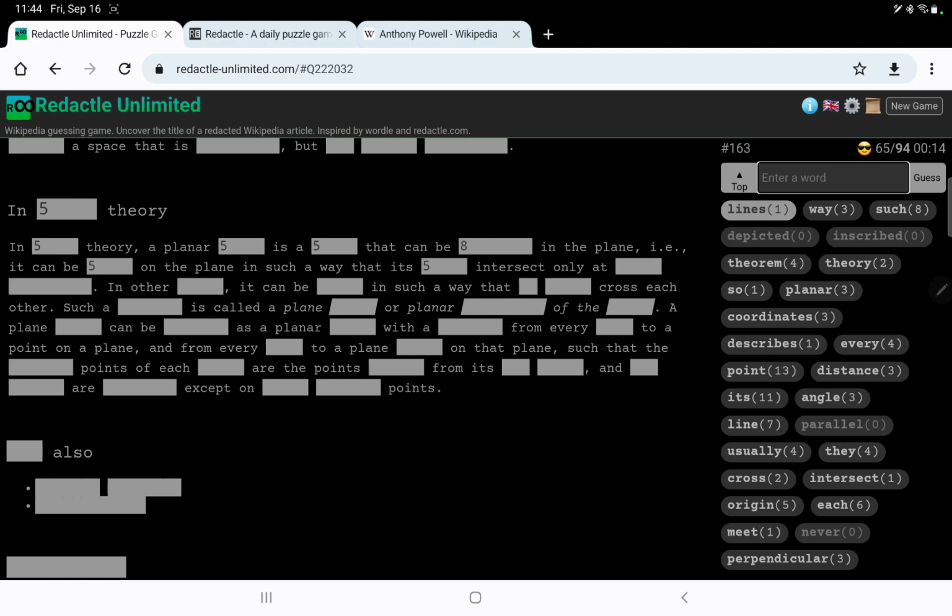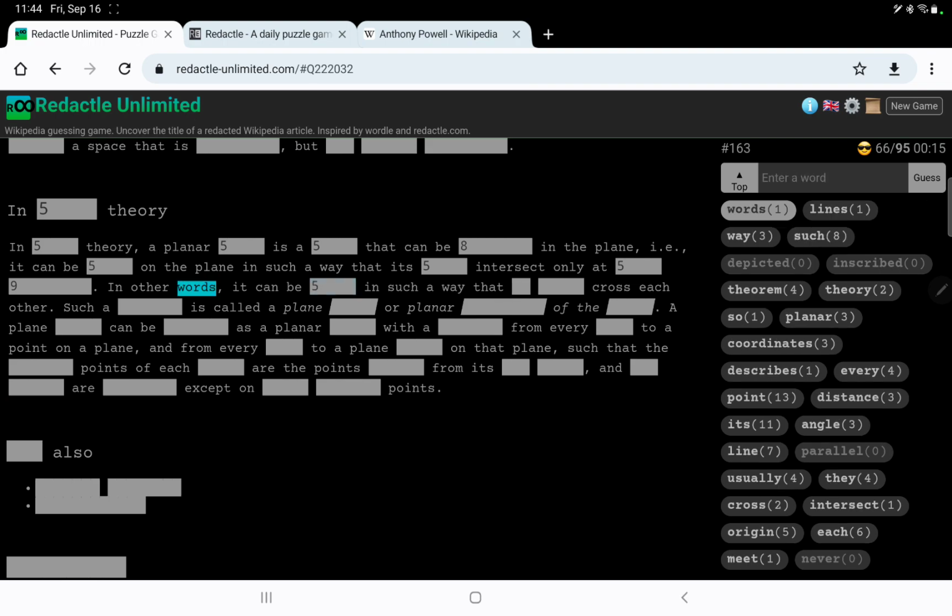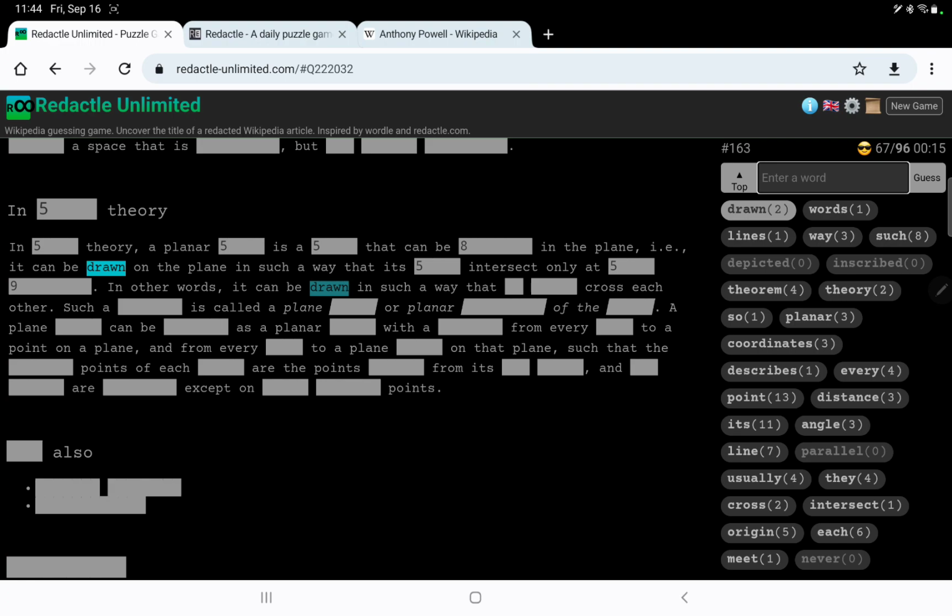No, it's something intersect only at something. In other words, it can be drawn on the plane in such a way that no, I keep wanting to do lines, no something cross each other. Such a something is called a plane something, or a planar something.